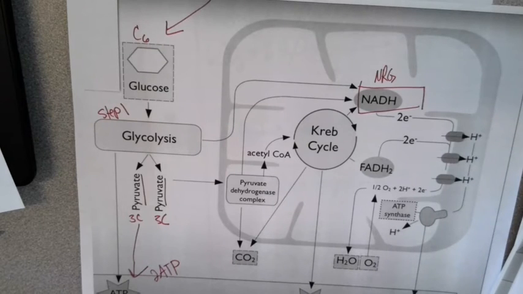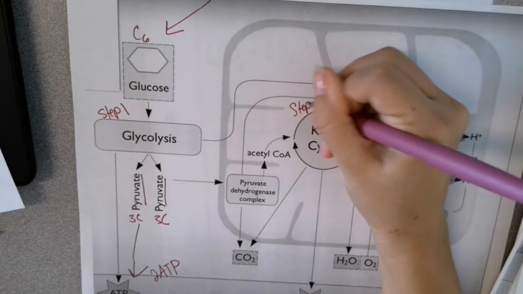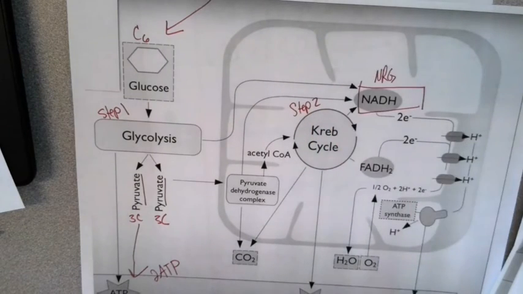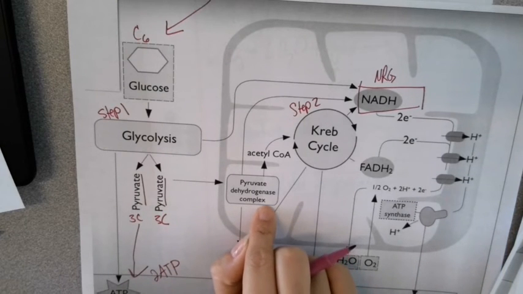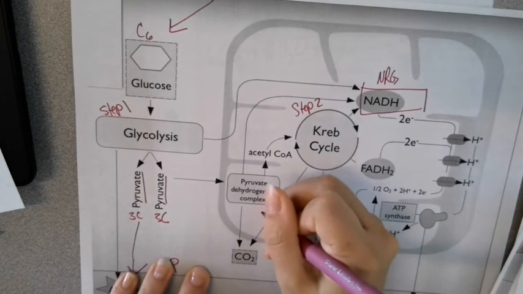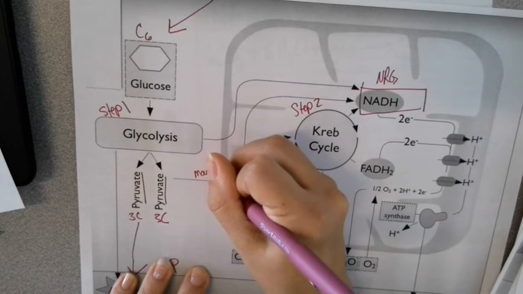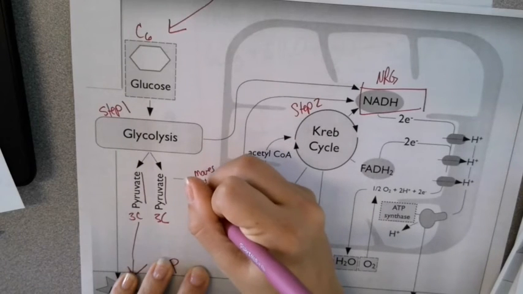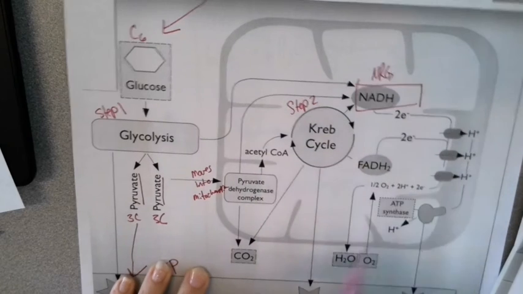Step 2 is going to be in the Krebs cycle. And it's going to start when the pyruvate is moving into the mitochondria.